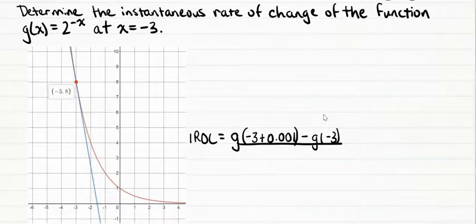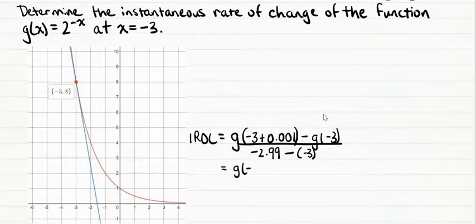So we know that -3 plus 0.001 is in fact -2.999. So I'm going to put that in the denominator here: -2.999 subtract -3.